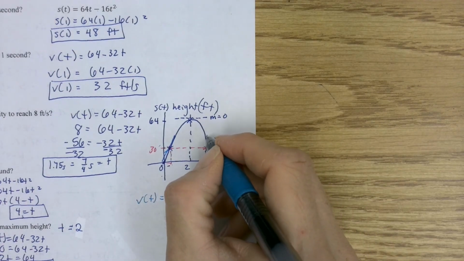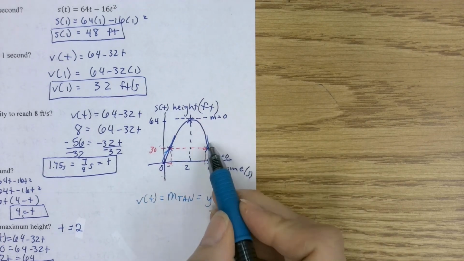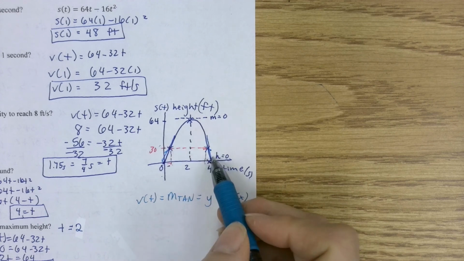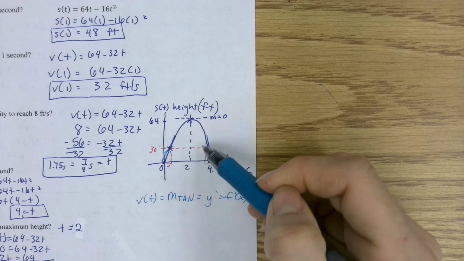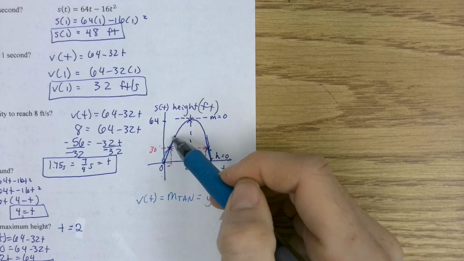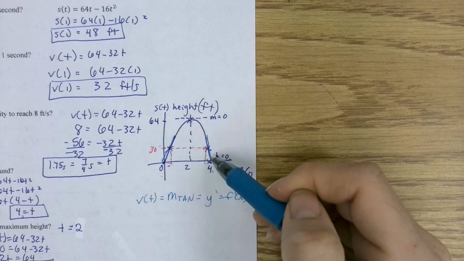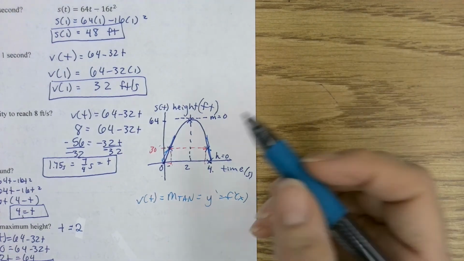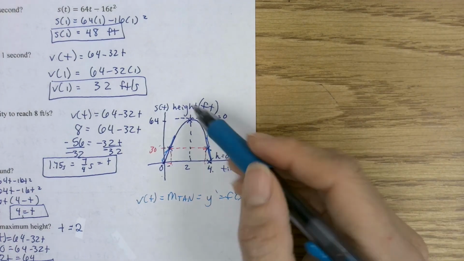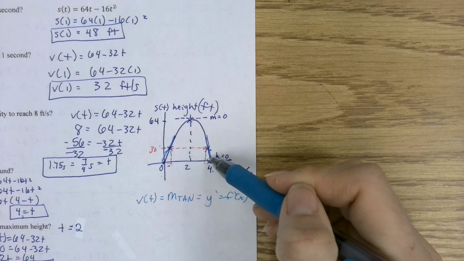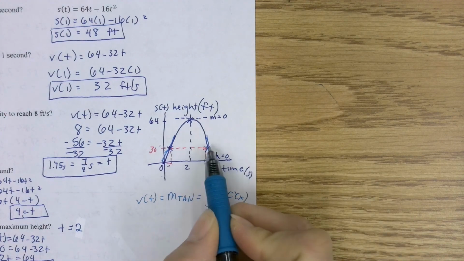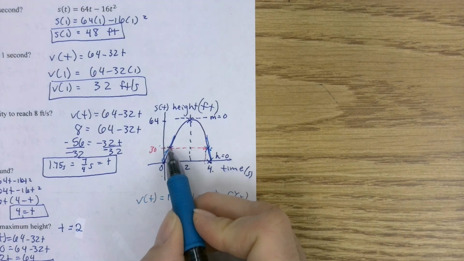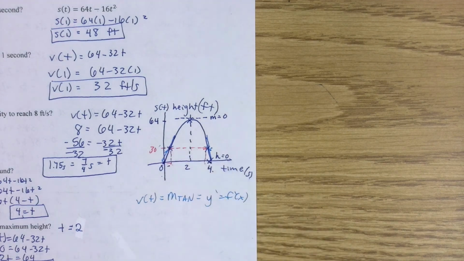On the other side, that tangent line has the exact same slope. It's just that the object is moving up versus moving down, or your slope is positive versus negative. But we know that it's the same absolute value of a number because parabolas are symmetrical in nature. So if we were an equal distance away from that highest point, I would expect that slope to be a positive version, this slope to be a negative version.